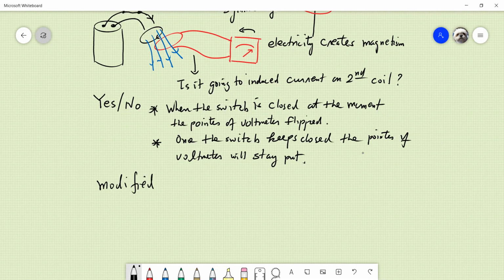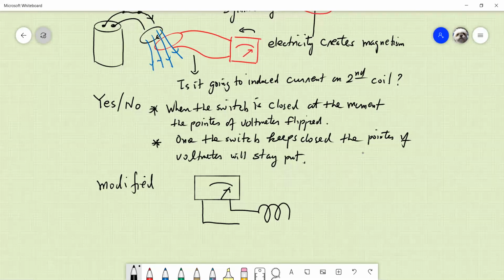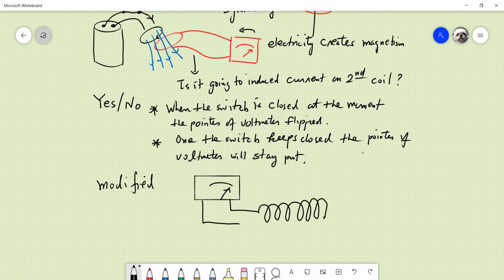Now I am going to have a voltmeter used to detect the current or the voltage, connected to a coil.